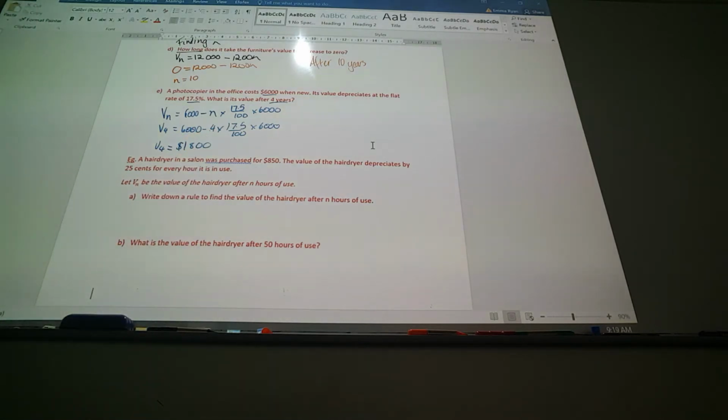So after 4 years, the photocopier is worth $1,800. Any questions about that one, or why we use that formula? No?